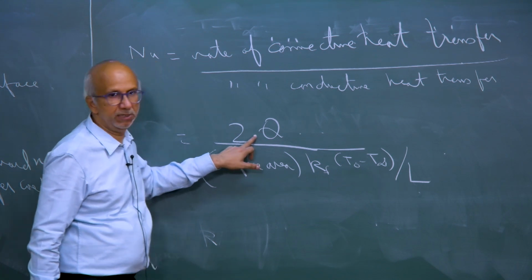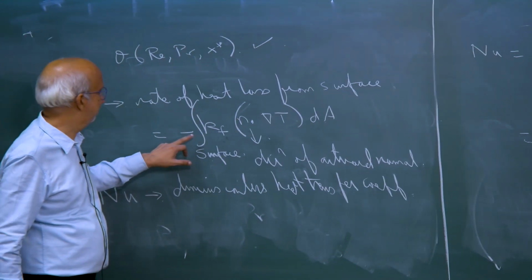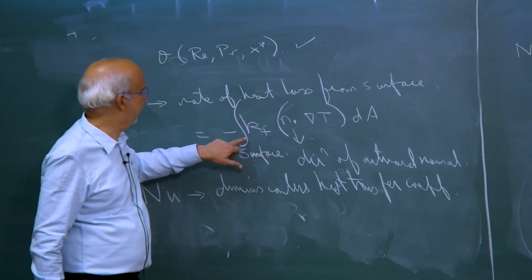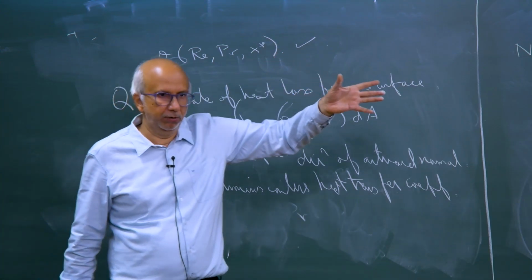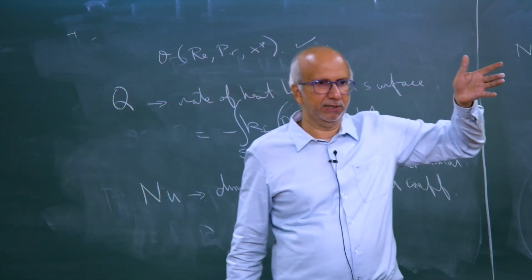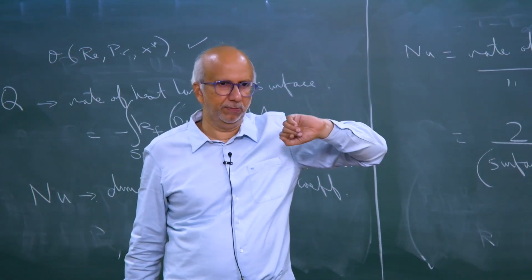How do you calculate the numerator Q? You have to solve the energy equation: U star dot del theta star equals del square theta star divided by, or multiplied by, Reynolds number and Prandtl number.